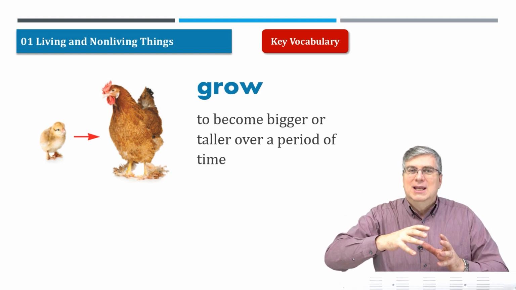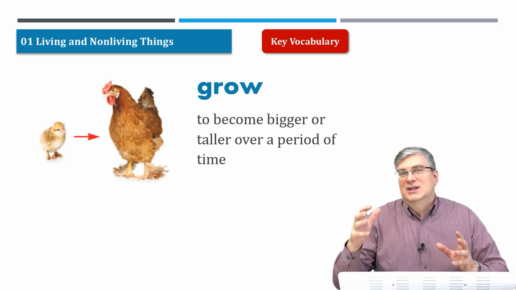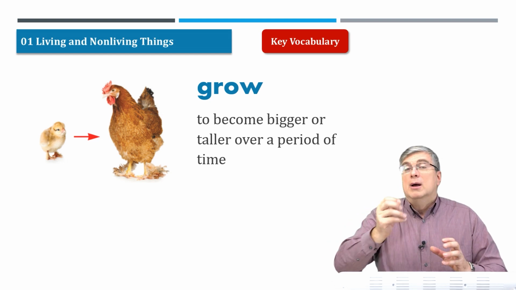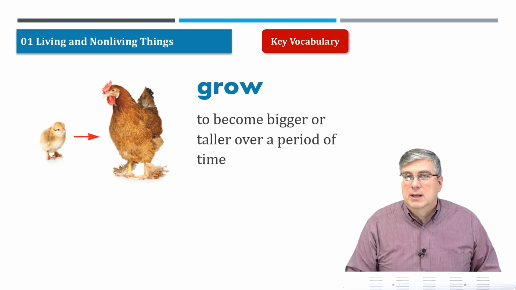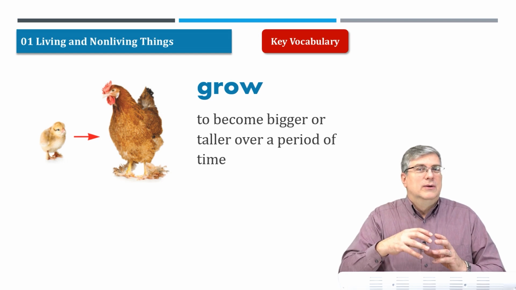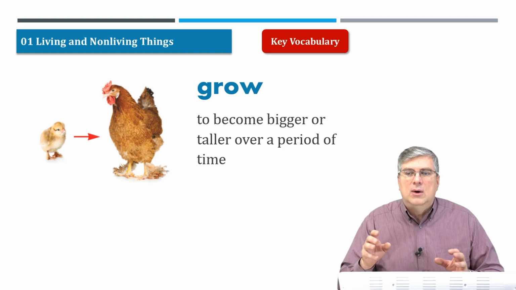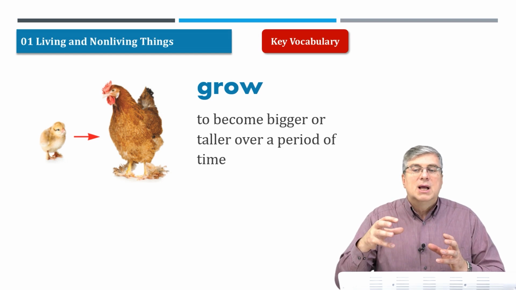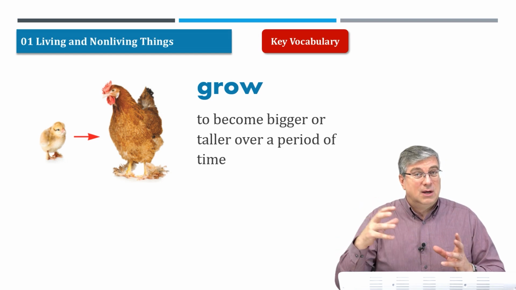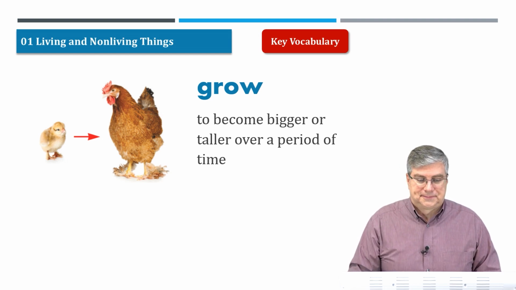It takes many months, maybe years for you to notice a change as you grow. But some animals grow very quickly, like pets, dogs and cats. It's still hard to see. You don't see it happening right now, but over weeks or months, very quickly they change, they grow. They become bigger or taller.